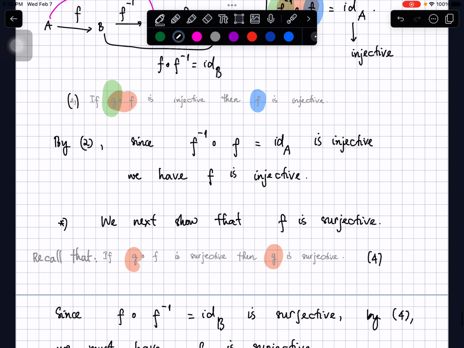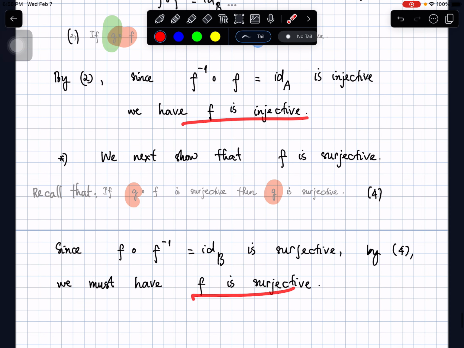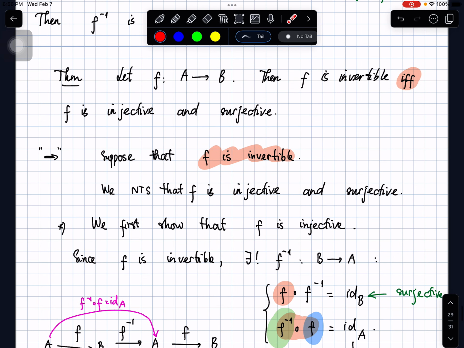So now we have both: f is injective and f is surjective. So we prove the first part, the first direction of the theorem.